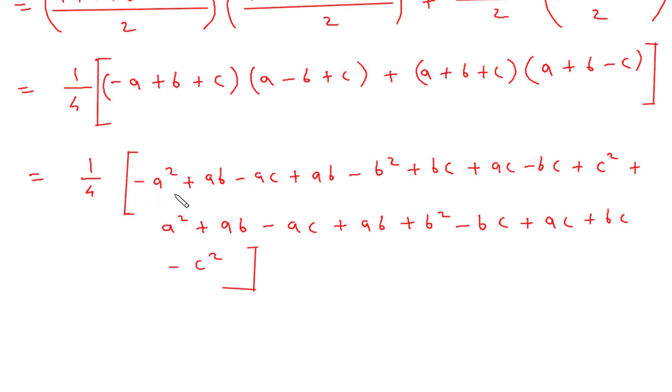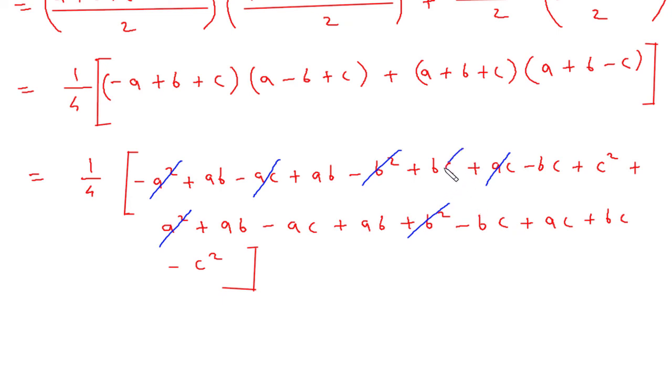This minus a square will be cancelled with this a square. This minus ac will be cancelled with this ac. This minus b square will be cancelled with this b square.